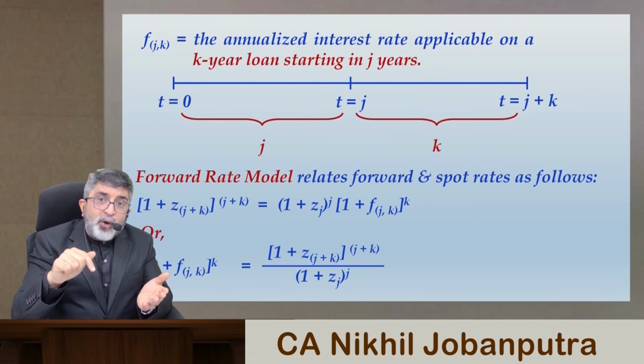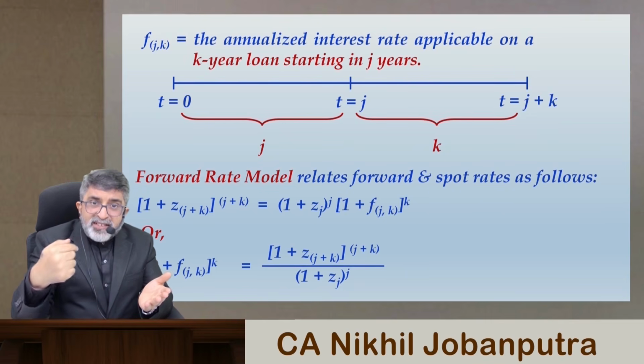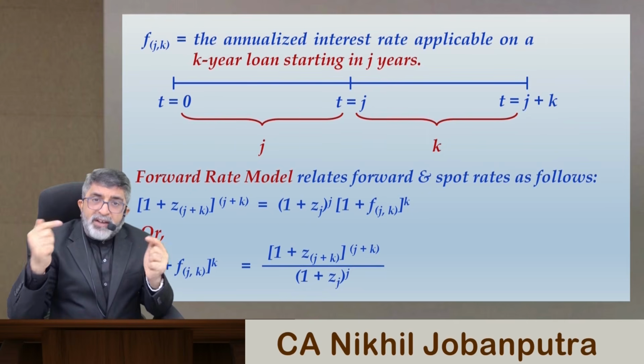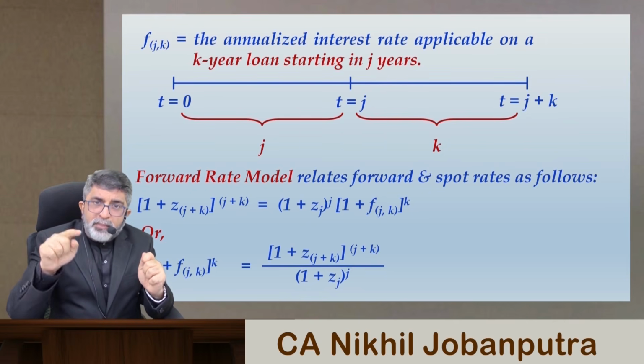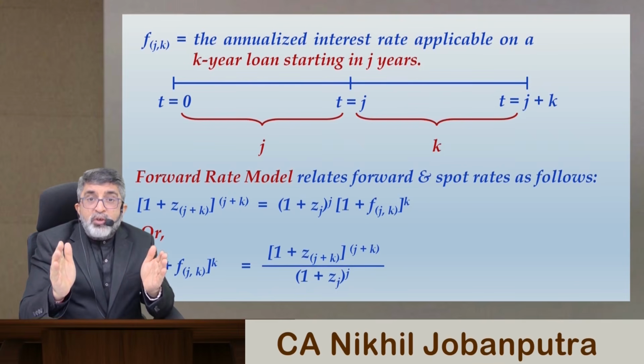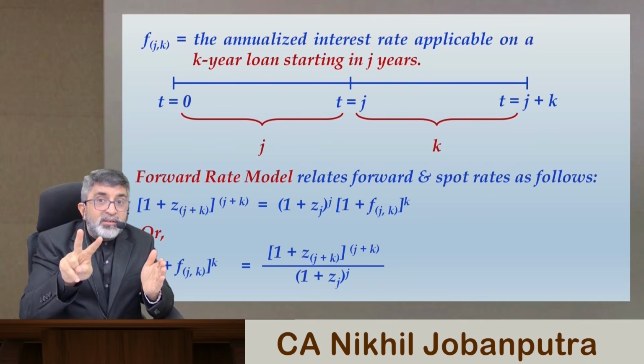What will be the factor for the 3 years? It will be (1 + z3)^3. So the longer term factor divided by shorter term factor. So (1 + z5)^5 divided by (1 + z3)^3. When you do this, you will be getting the factor for 2 years.